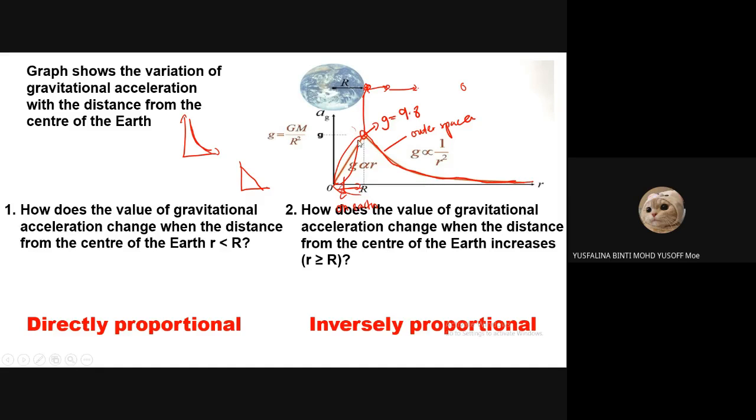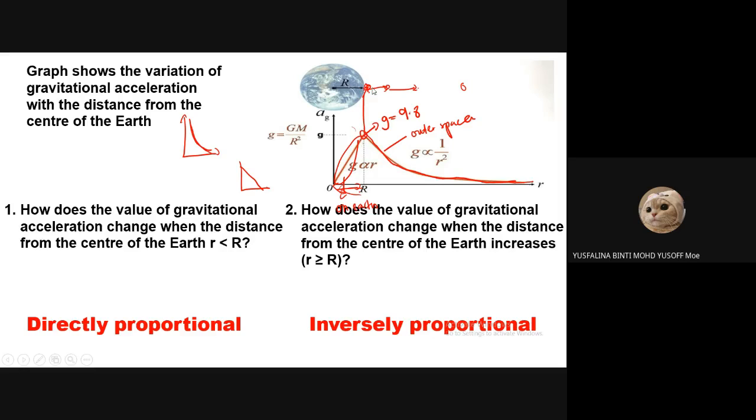For this part, g is directly proportional to r, which means when the radius is increasing, the gravitational acceleration also will increase. But at the top here, g is 9.8, which means the object is on the surface of the Earth.